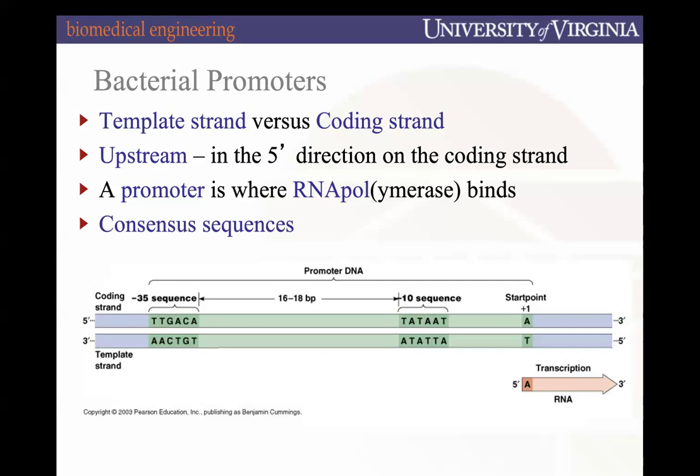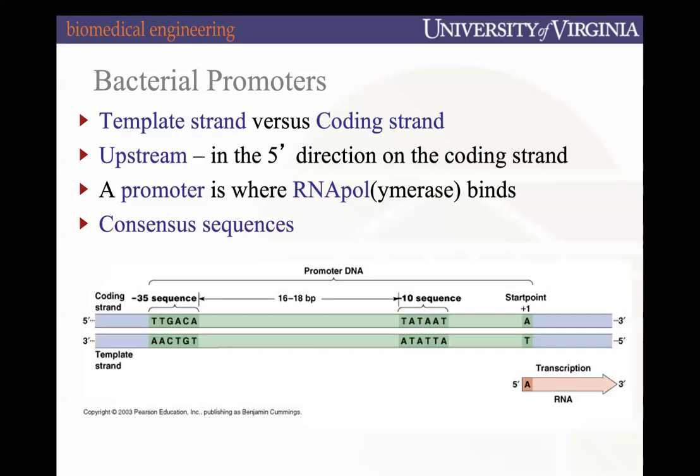Whenever we talk about promoters, it's actually upstream, or usually just above or away from where transcription originally begins. As you can see here, we have something called the start point, where it has this +1 symbol. That is the first nucleotide at which transcription occurs.